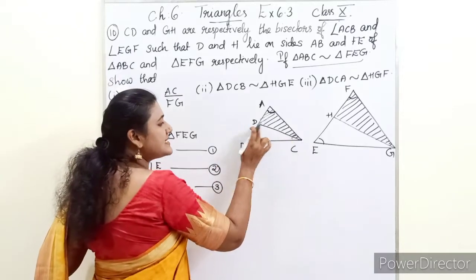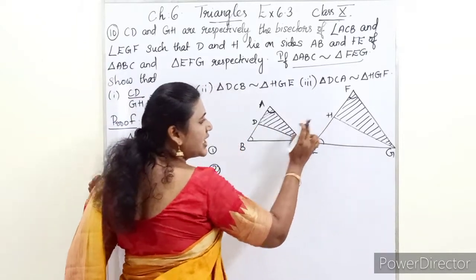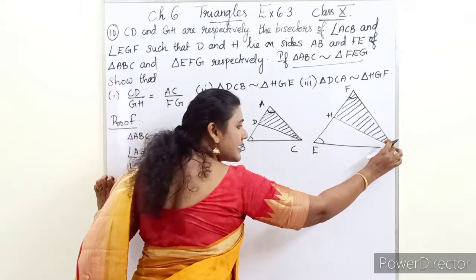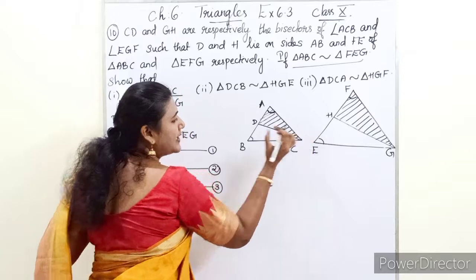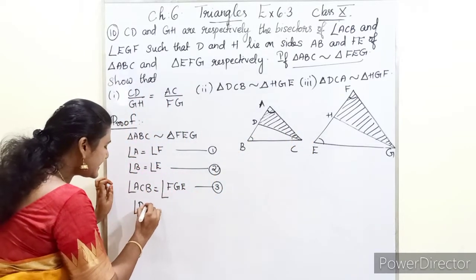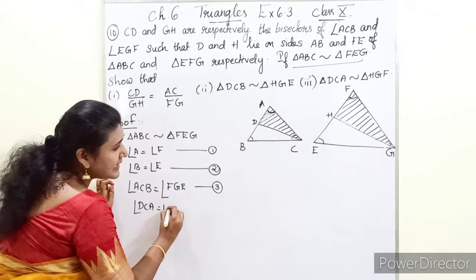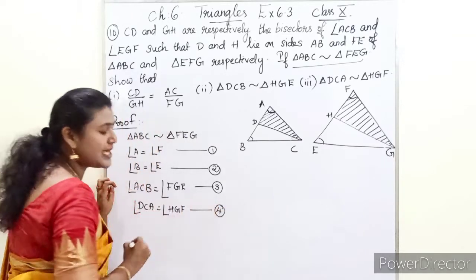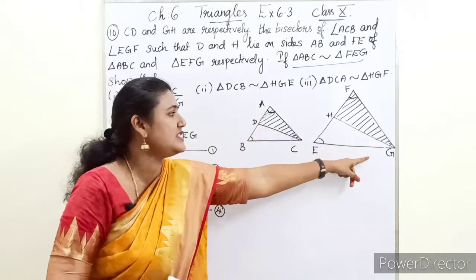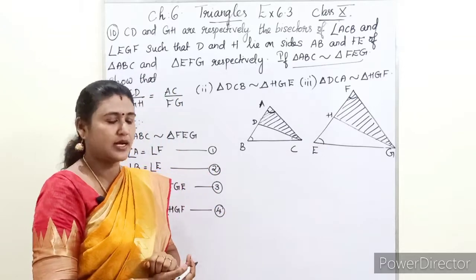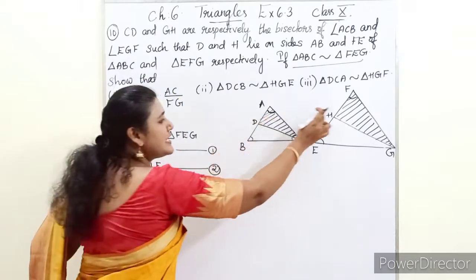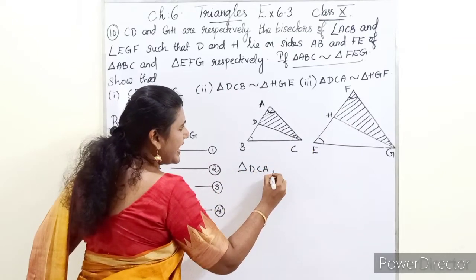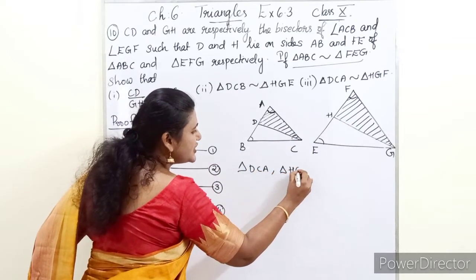Now it is given that CD and GH are the angle bisectors. Since these two angles are equal, the smaller angles, angle DCA and angle HGF, will also be equal because CD and GH are angle bisectors. Now consider triangle DCA and triangle HGF.